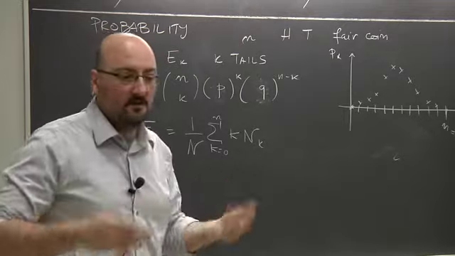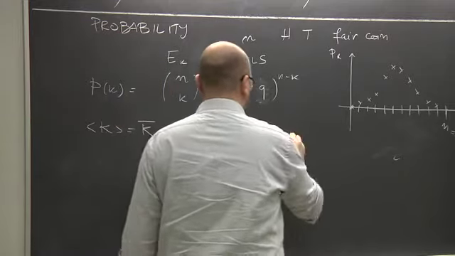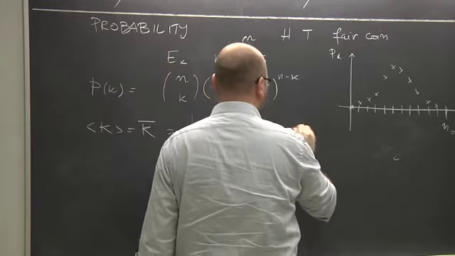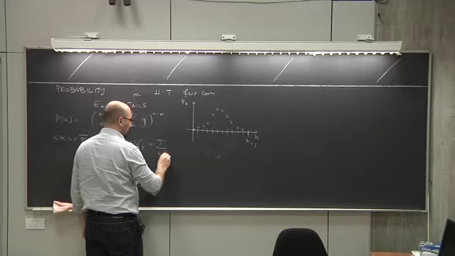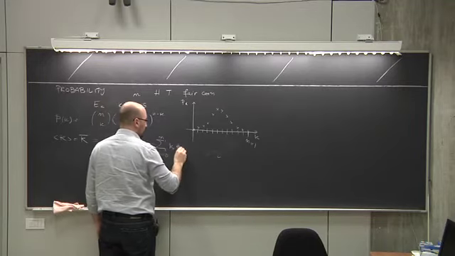We can keep tossing coins as much as we want. But we know that the ratio nk divided by n is the probability. So we can write this as sum over k that goes from 0 to n, k, p of k.